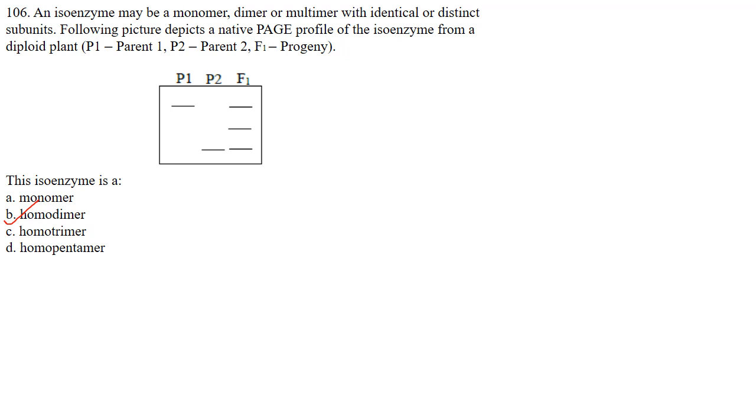So if you see F1, you can see the parent 1 band and parent 2 band, and in between them there is a third band, that is the F1 band, and it is a dimer. It is a combined band of P1 and P2 because it is a native PAGE and no denaturation of the sample is done. So this is a homodimer. Answer is option B.